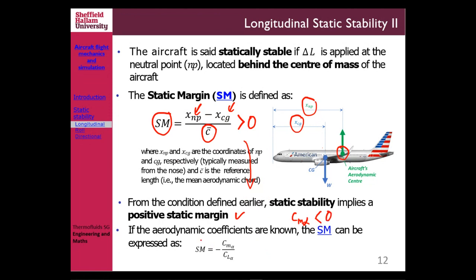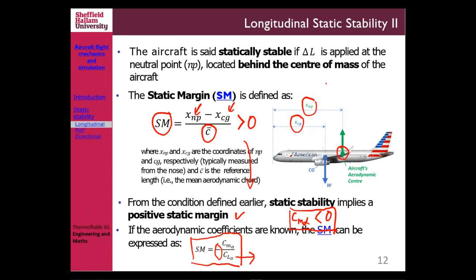If you want to calculate the static margin, the static margin is basically minus Cm alpha divided by CL alpha. But remember, the sign is negative because of what? Because Cm alpha is always negative if your aircraft is statically stable. Now CL alpha should always be positive, right?